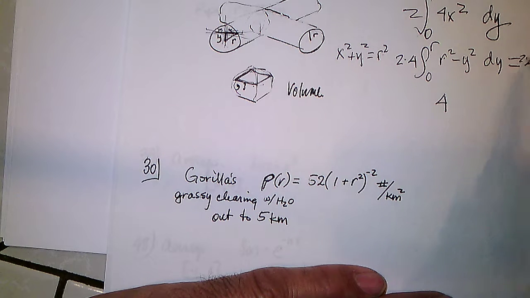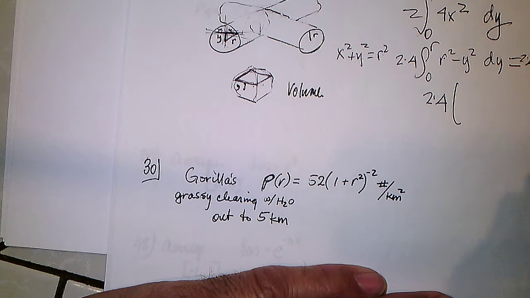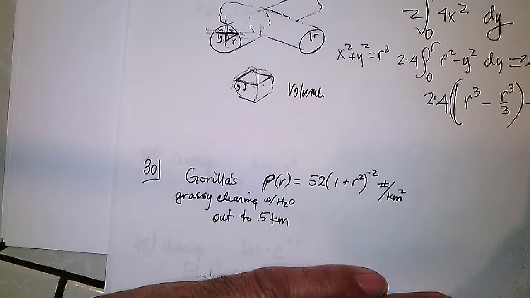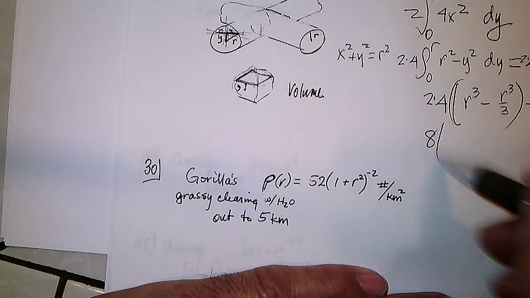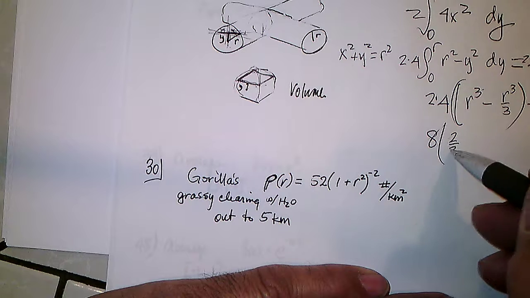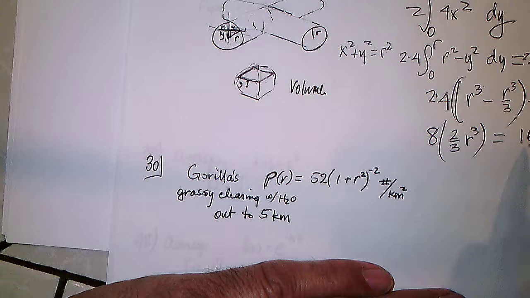So double it. 2 times 4. This is evaluated, putting an r in there. We get r to the third minus r to the third over 3. Putting in 0 minus 0. So I got 8 times r to the third minus a third of it is 2/3 r to the third. So that's 16/3 r to the third.